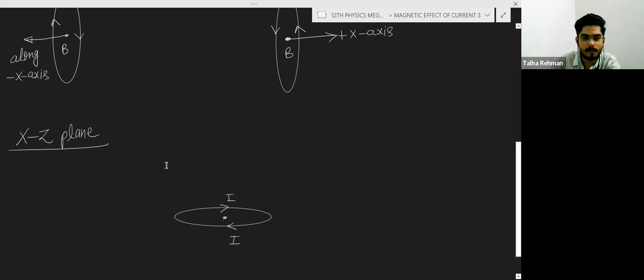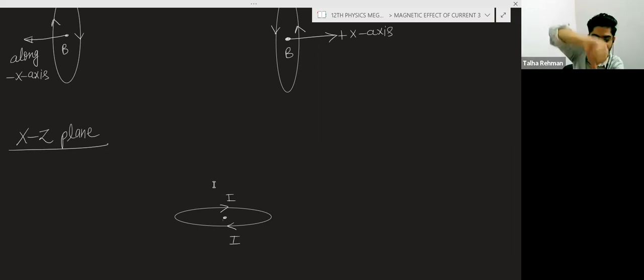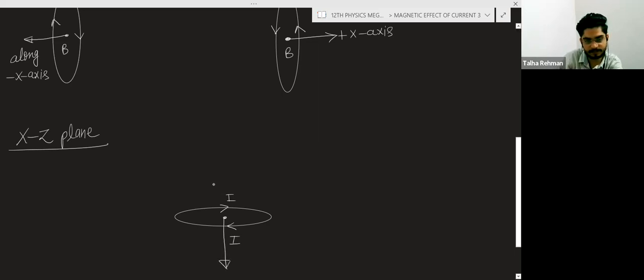Hamza, just apply here the modified right hand thumb rule. You will get your thumb in the downward direction. Here you will get the magnetic field in this direction along negative y-axis.